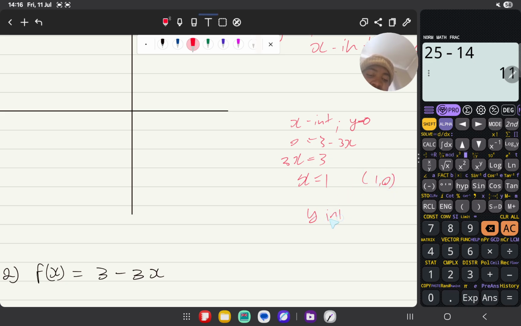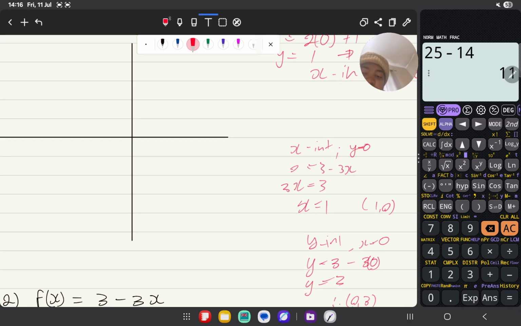Y-intercept, x gives you 0, so what do you have? You have y equals 3, therefore you have 0 and 3. So you go here, 0 and 3, 1 2 3, this is 0 and 3, and then this is 1. Then you just draw a straight line going through these 2 points.